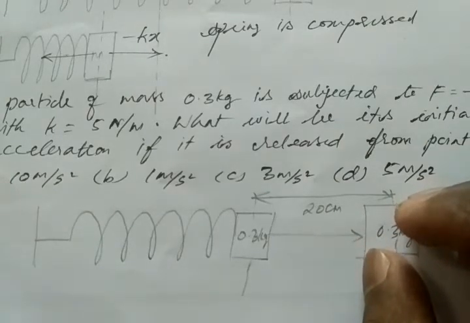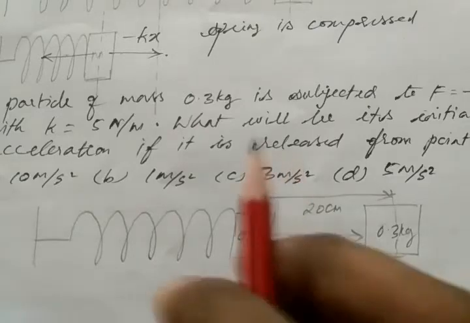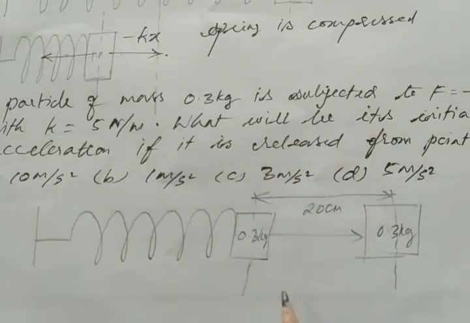Then what will be the acceleration of this mass 0.3 kilogram? Can you feel the question? Initially we attached a mass 0.3 kilogram and we pull it, we elongate it towards the right side and the spring got elongated up to 20 centimeter. After elongating it up to 20 centimeter, we release the force.